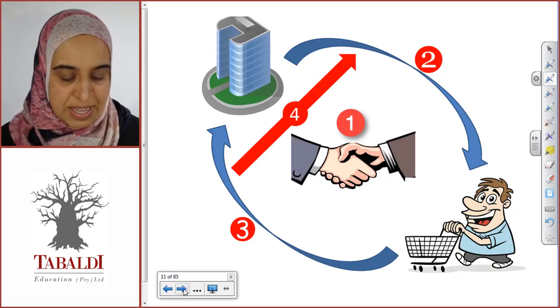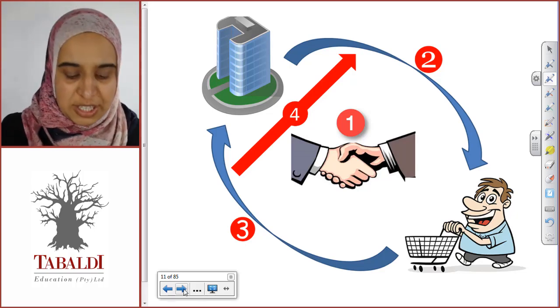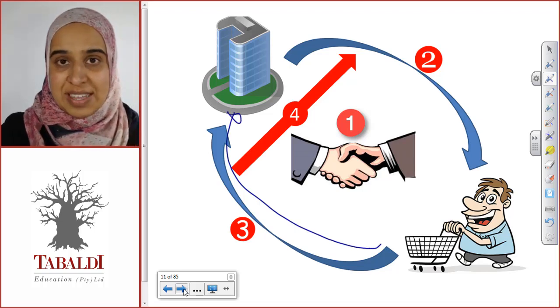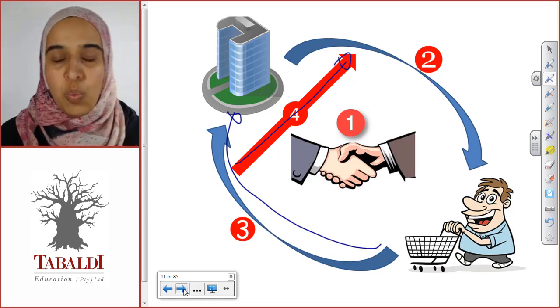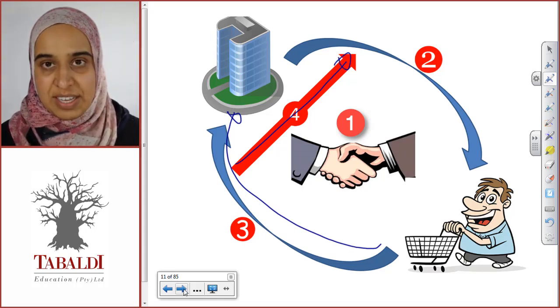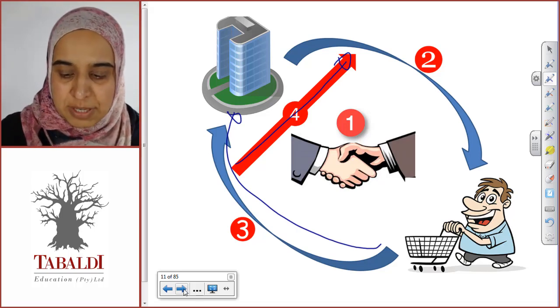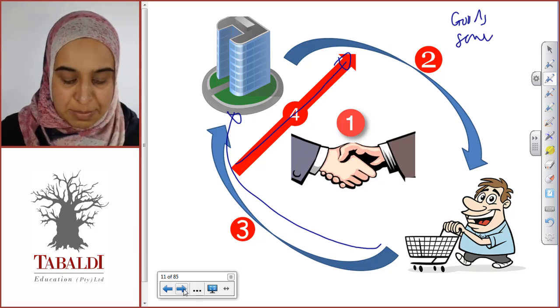Then the next step is then to allocate what the customer is going to give to the company. So whatever the customer is giving to the company, to allocate that cash or whatever the case might be to what the company is going to give the customer. So for example, if the company is giving the customer goods plus a service, then the customer is paying cash.